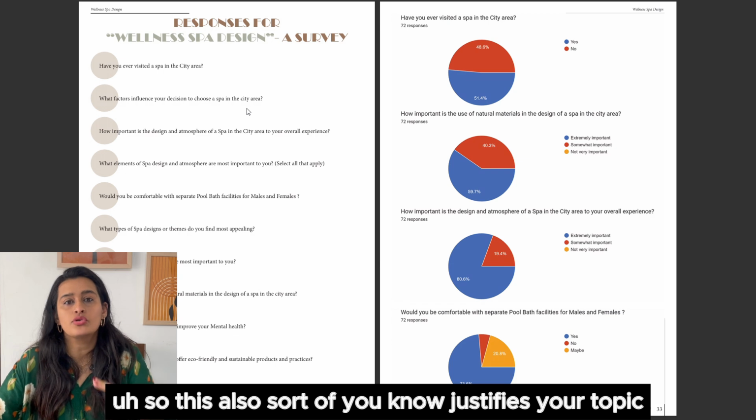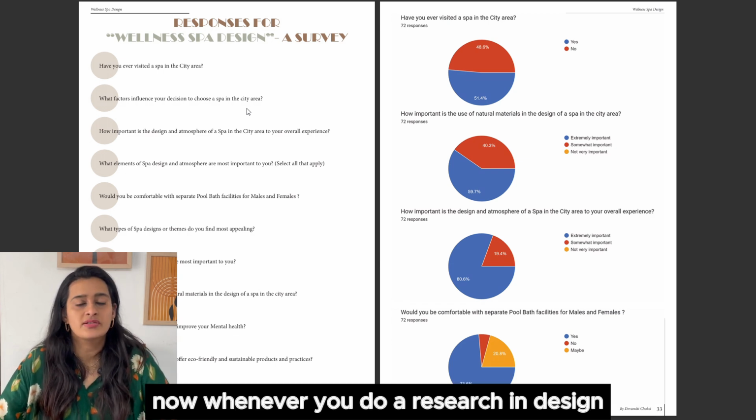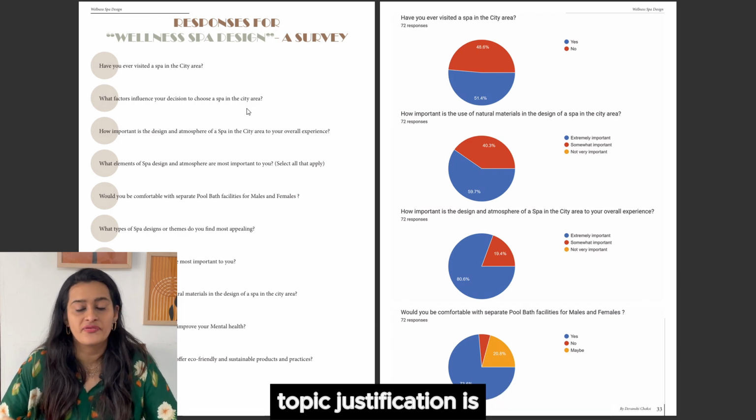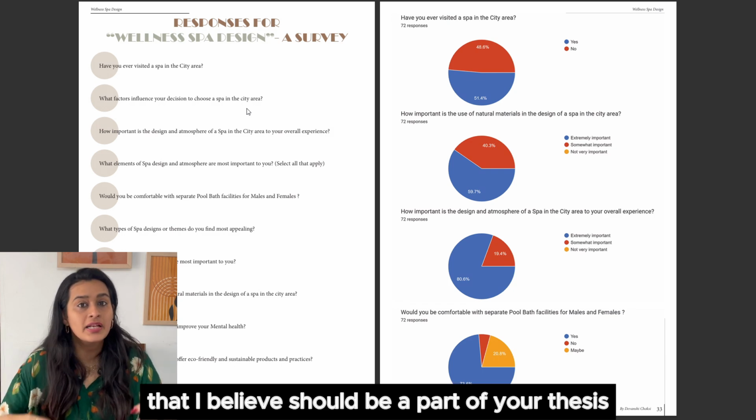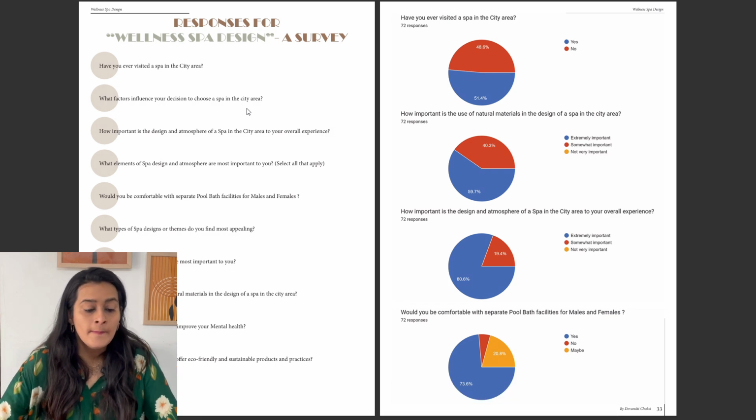So this also justifies your topic. Whenever you do research in design, topic justification is one of the most important factors that I believe should be a part of your thesis.